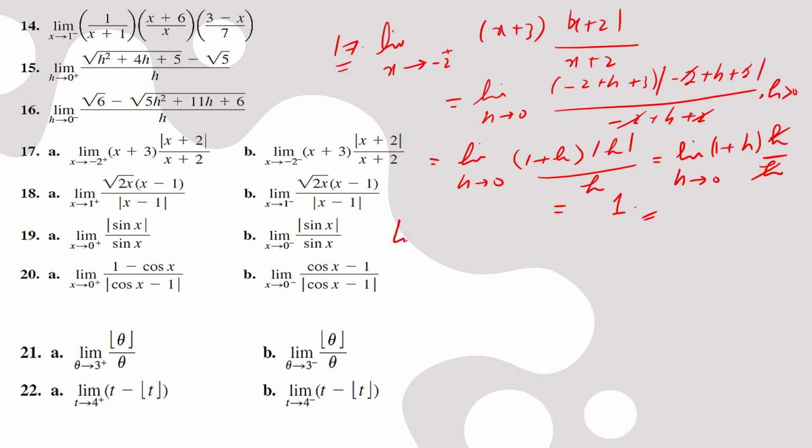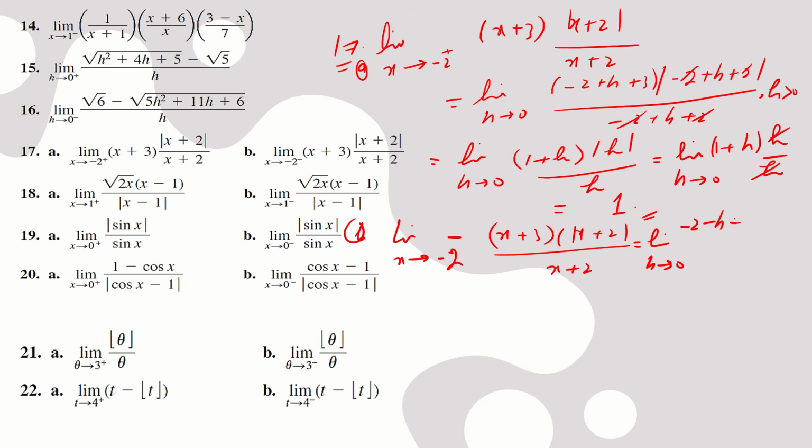If we find the left hand limit, in part B, that was part A. So if you want to find limit x goes to minus 2 from left side, of x plus 3 into absolute of x plus 2, divided by x plus 2. So it would become limit h goes to 0, x plus 3, that would become now minus 2 minus h plus 3, absolute of minus 2 minus h plus 2, divided by minus 2 minus h plus 2.